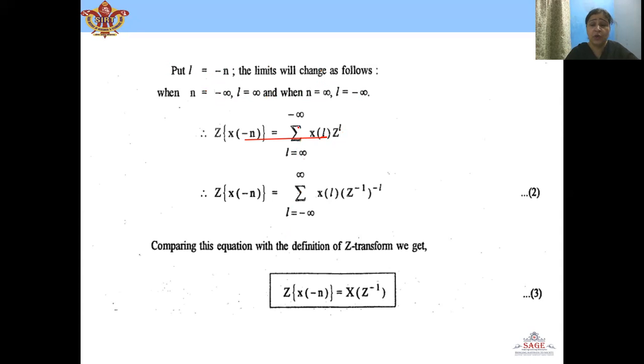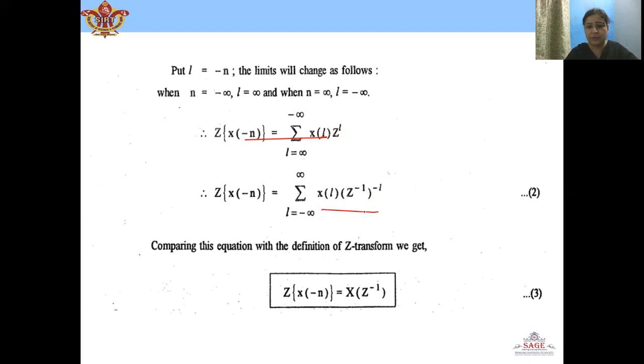Now, since in summation we take the lower value in the lower limit and the higher value in the upper limit, I can write it as l equal to minus infinity to infinity without changing the meaning of this expression, x[l]. Now this is z raised to power l. I can write it as z inverse raised to power minus l.